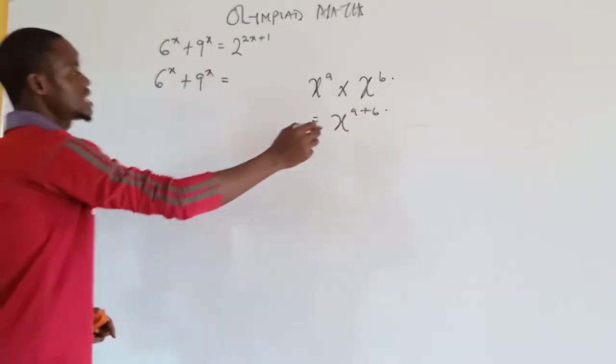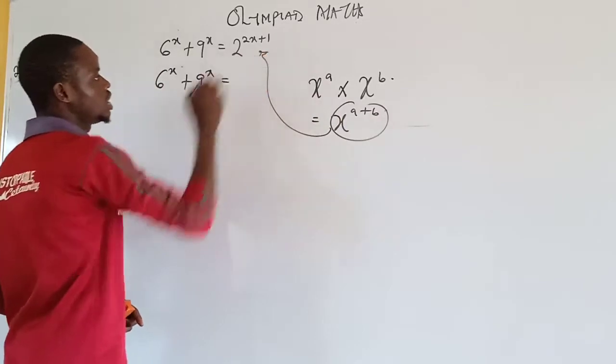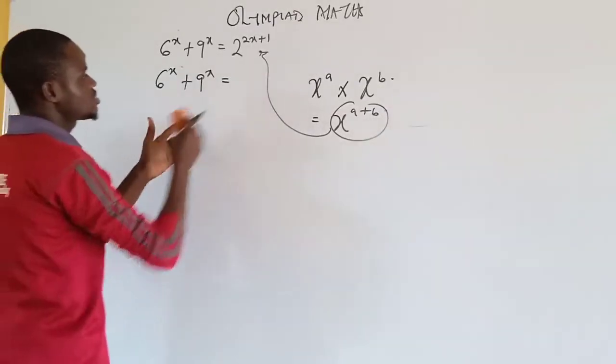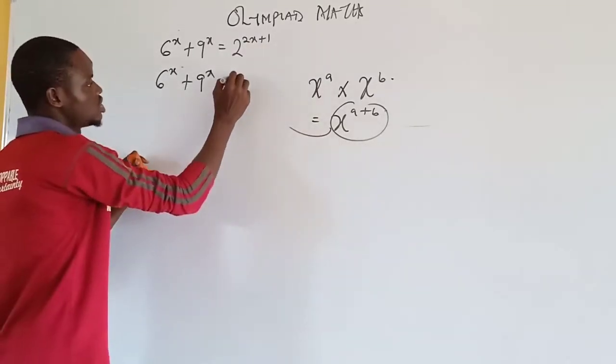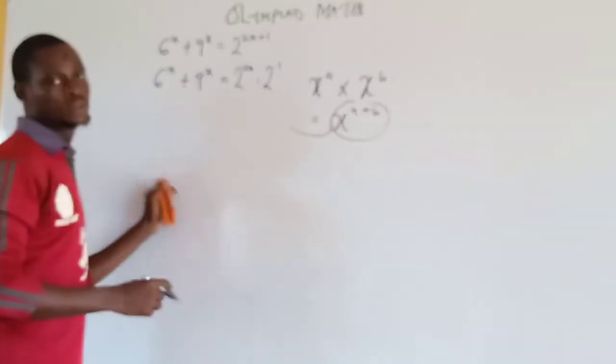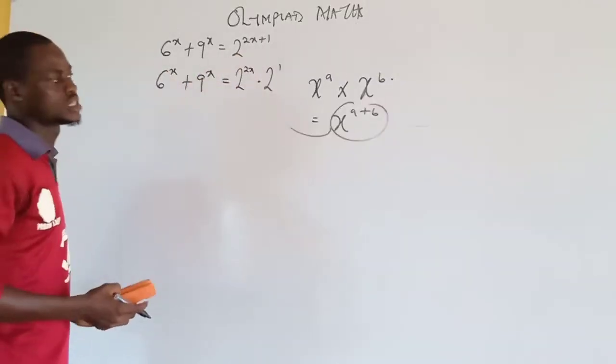This same law is applicable here. If I apply the law here, then I can easily split this like this: 2 raised to the power 2x multiplied by 2 raised to the power 1. That is what I'm going to be having for this.